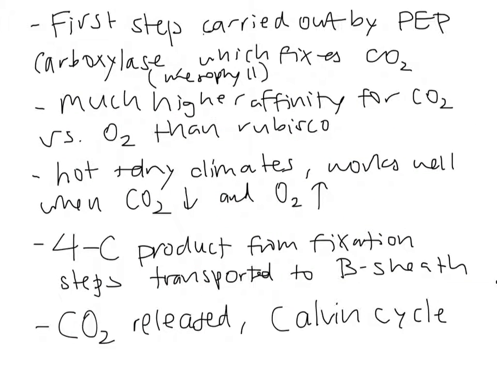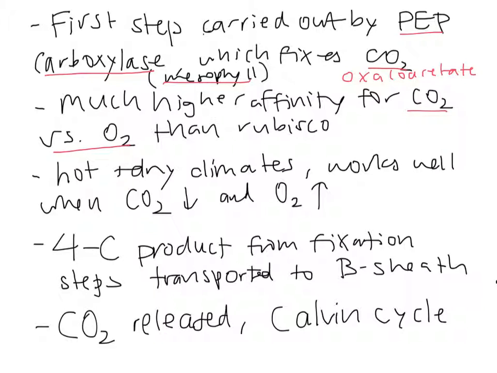So the first step is carried out in the mesophyll, and PEP carboxylase, phosphoenolpyruvate carboxylase, is important because it fixes the CO2 in this climate and forms a 4-carbon product called oxaloacetate. And PEP carboxylase has a much higher affinity for carbon dioxide in these conditions.